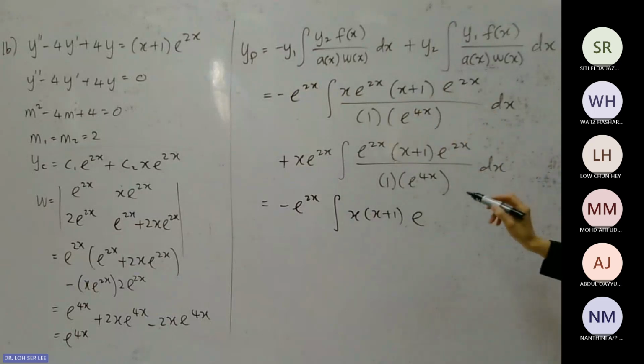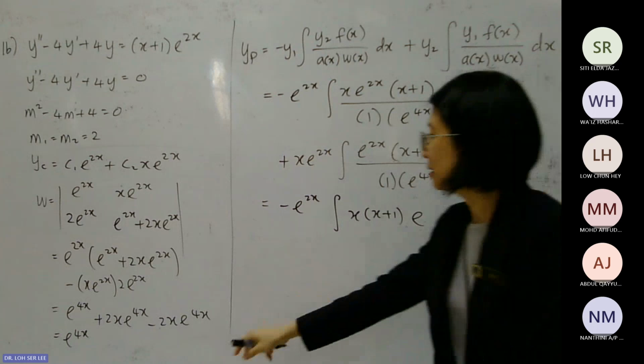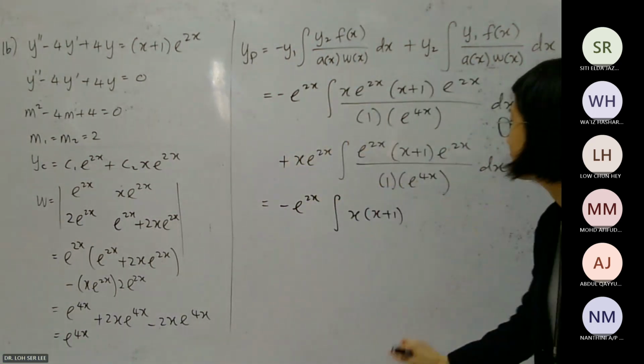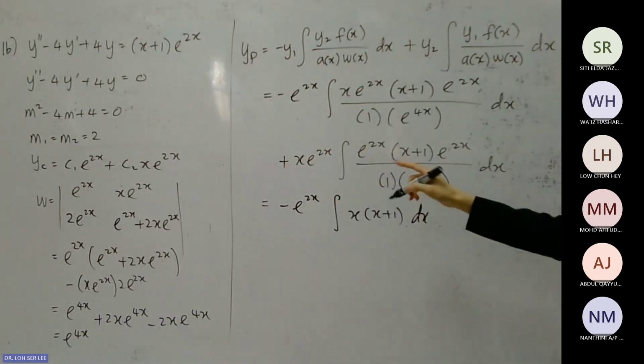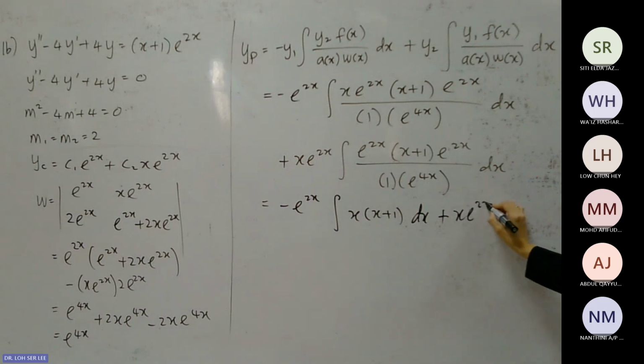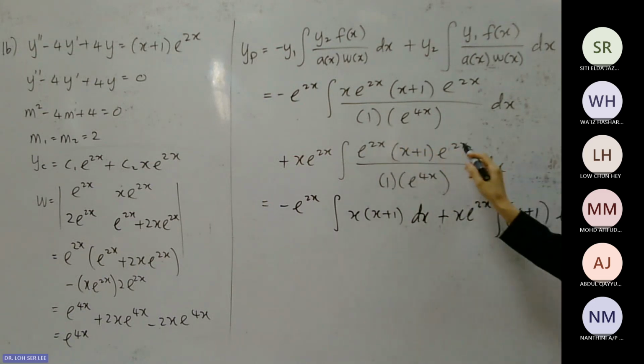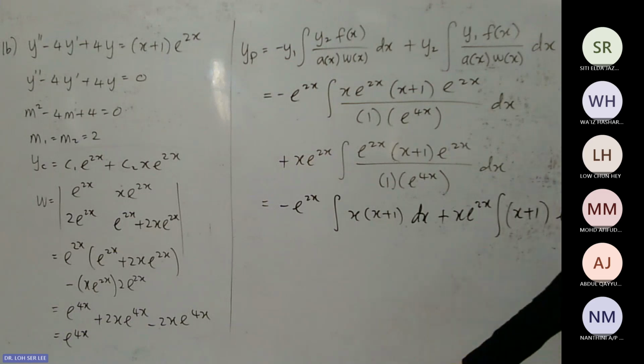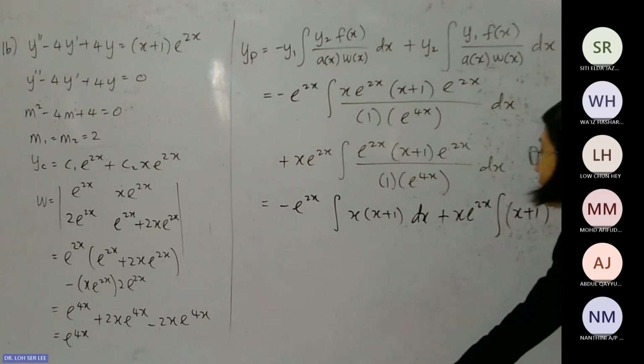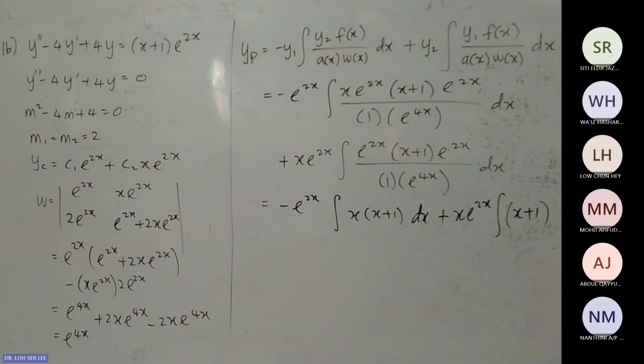One, two, three. What is the new power? 0. e^0 is 1. Plus x e to the x. Here you have x plus 1. Combine: 2 plus 2 minus 4. So e^0 is 1. That means we just integrate this.